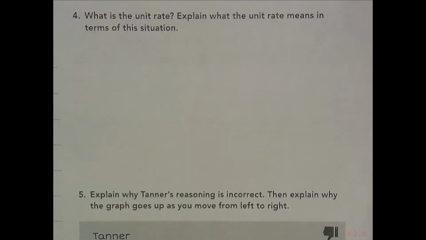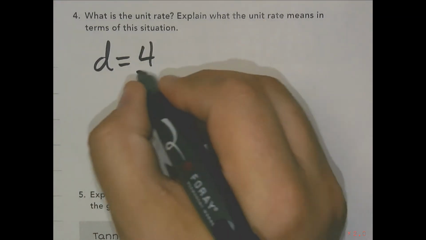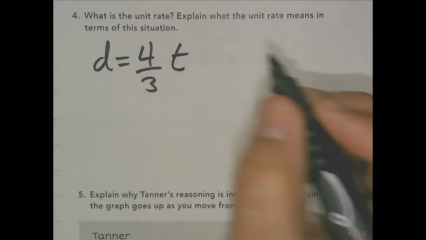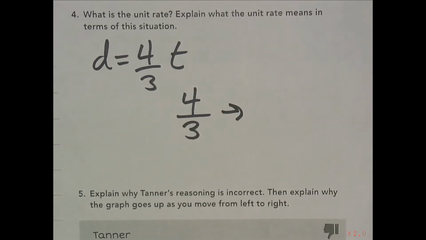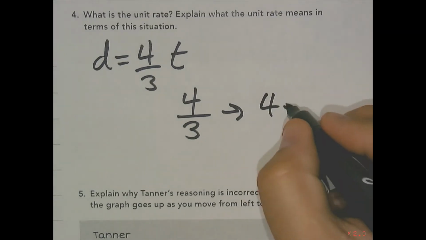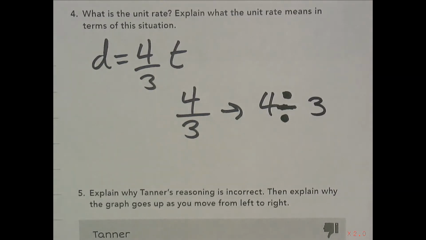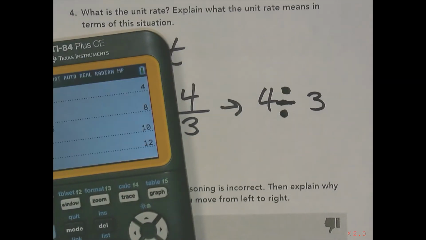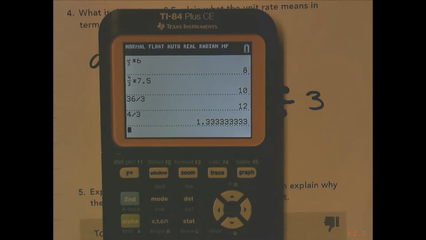All right, so then it says, what does the unit rate mean in terms of this situation? So we said that D is equal to 4/3 T. So what we want is the unit rate of 4/3. How do I find that? I'm just going to take 4 and divide it by 3 on my calculator. So if I turn my calculator on, I'm just going to say 4 divided by 3, and I get 1.3 repeating, right? Yeah.